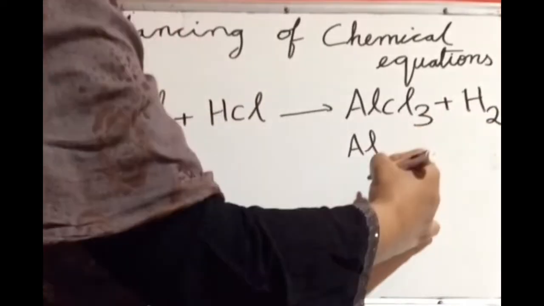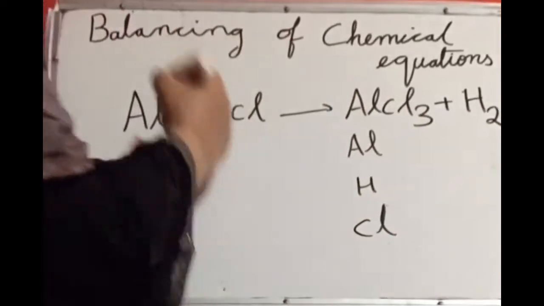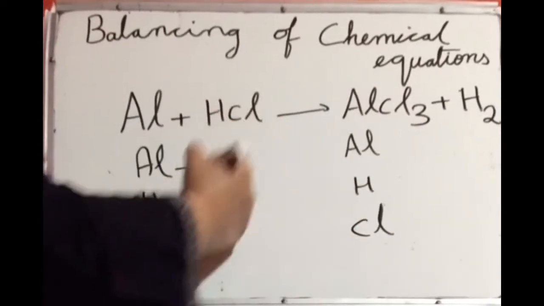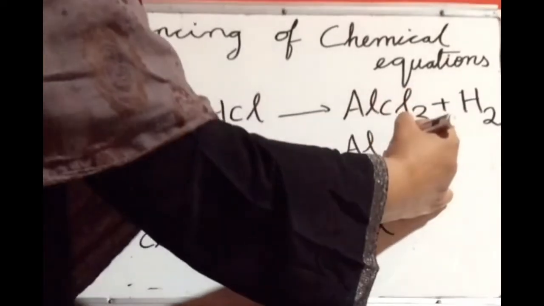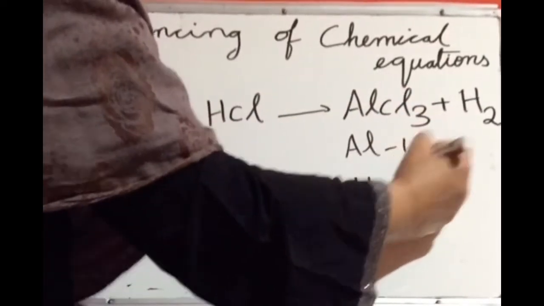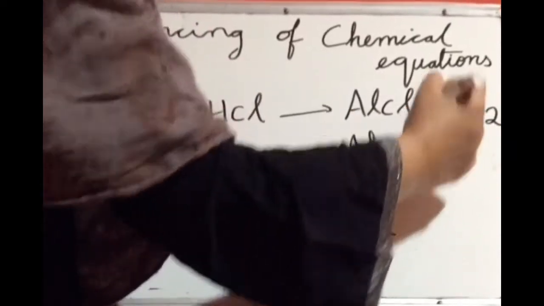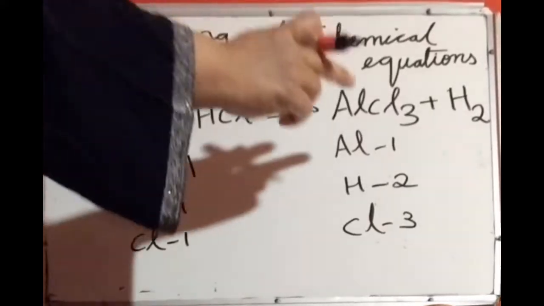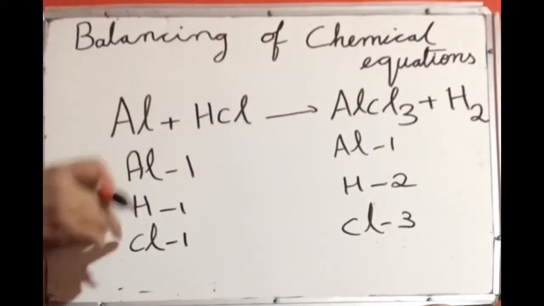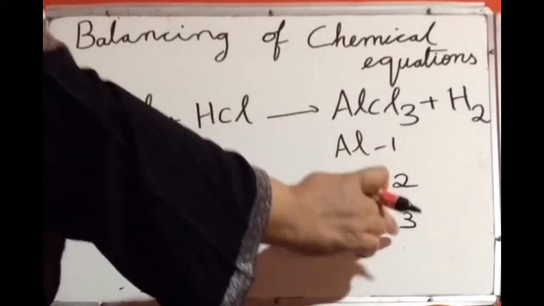Chlorine, then hydrogen. How much is Al? 1. Hydrogen is 1. Chlorine is 1. What about Al? Al is 1. Hydrogen is 2. Chlorine is 3. Now Al is 1 and 1. What about chlorine? Chlorine is 1 here and 3 here.